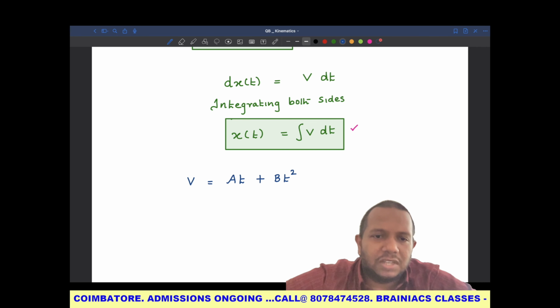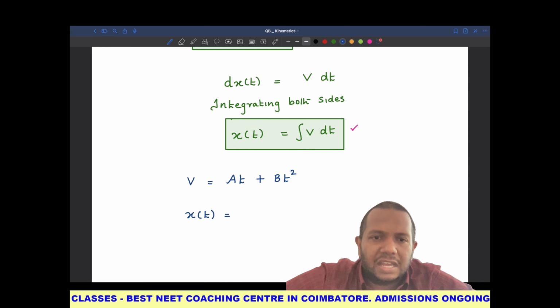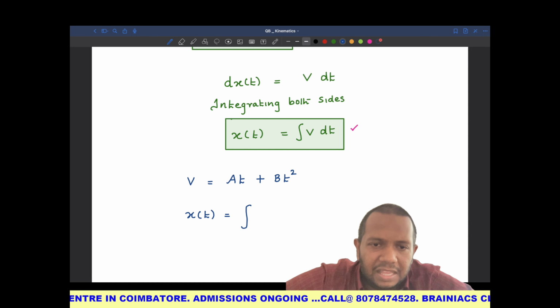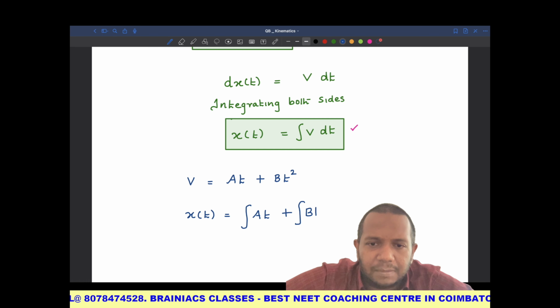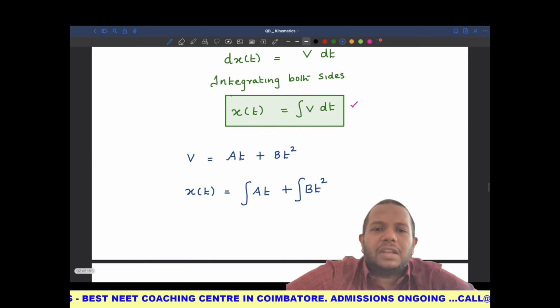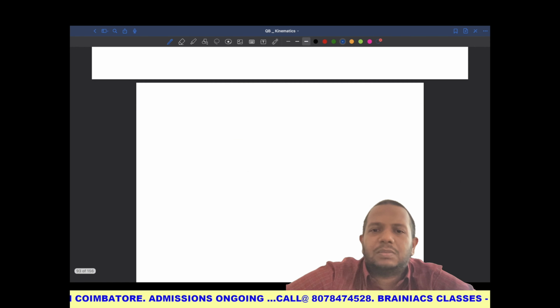Now we need to integrate it. So x of t would be the integral of velocity dt. On integrating, we integrate a into t, and also apply integration on the other term, bt². You should know how to do the integration. I will also give the basics of that.